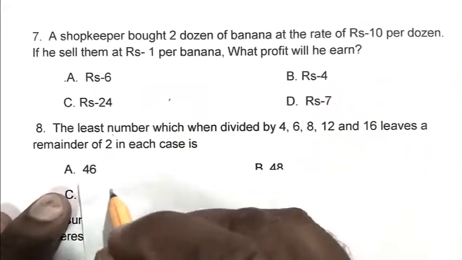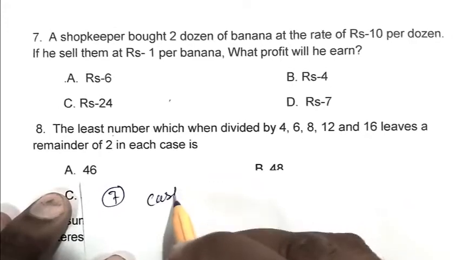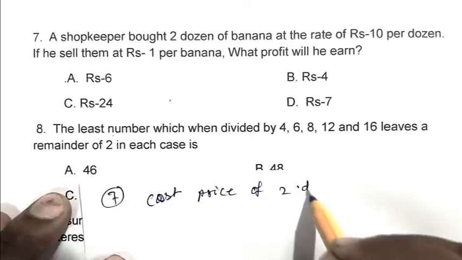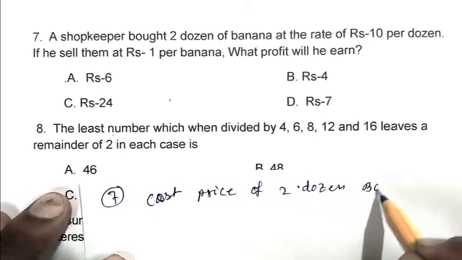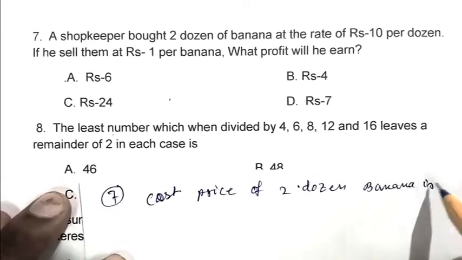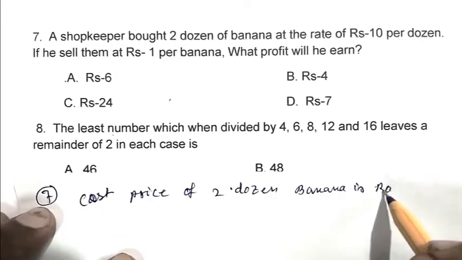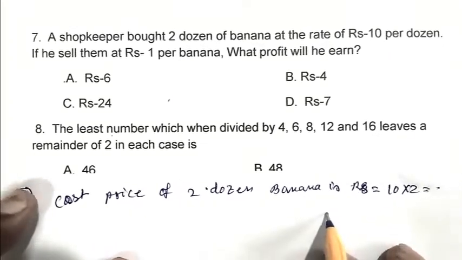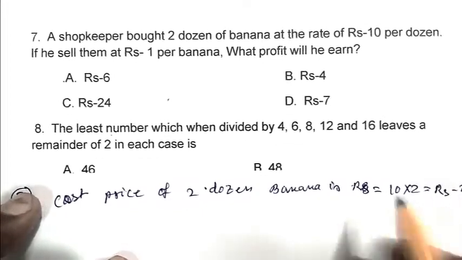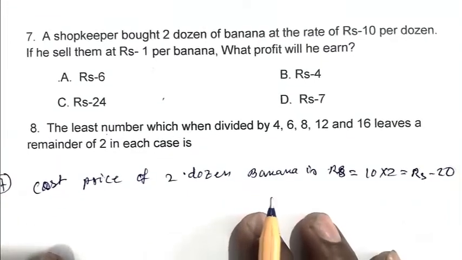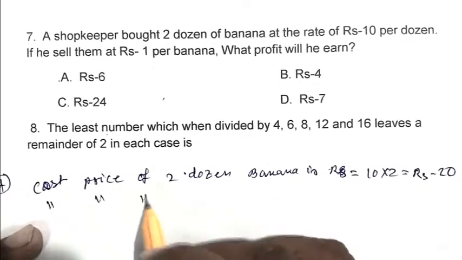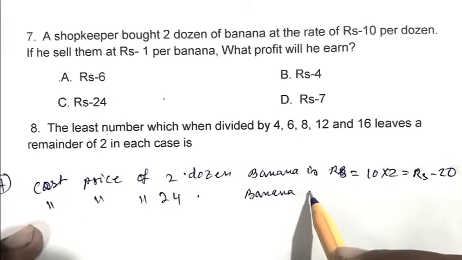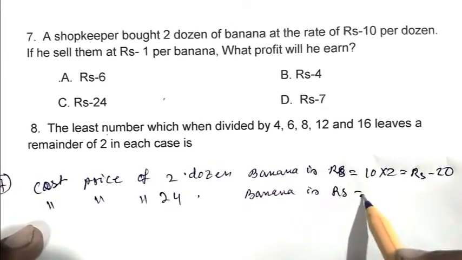So 7. Cost price of 2 dozen bananas is rupees 10 into 2, that is rupees 20. So cost price of 24 bananas is rupees 20.